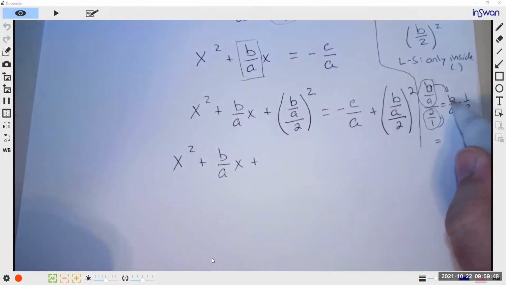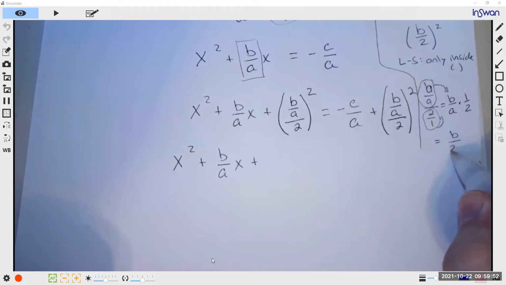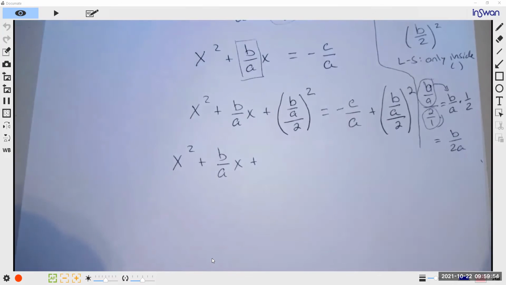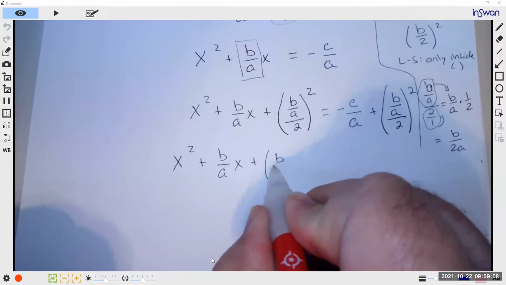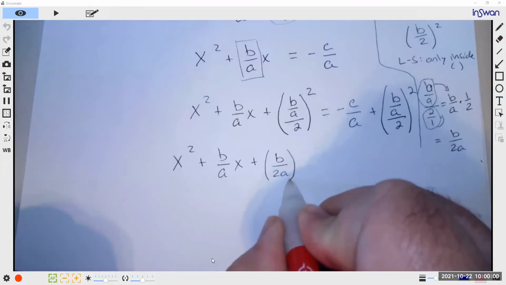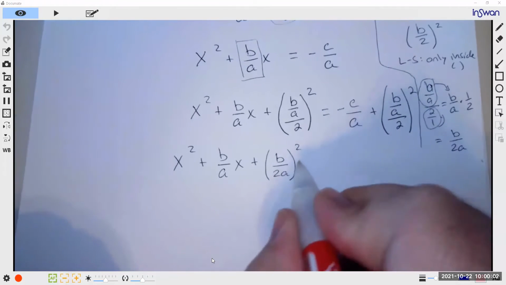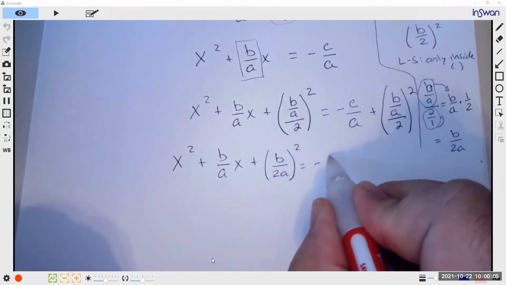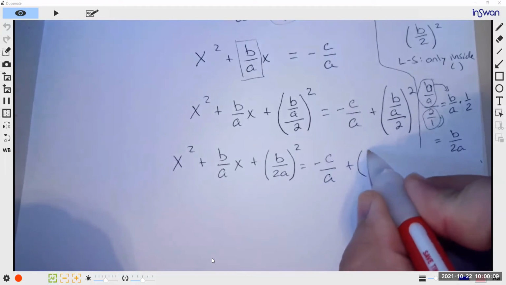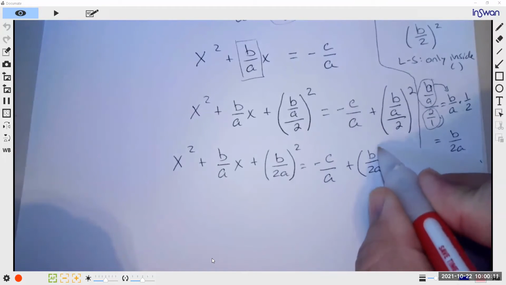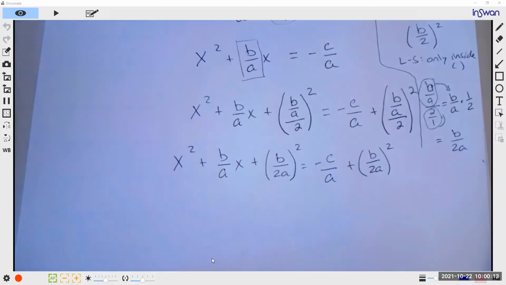Then multiply. B times 1 is b. A times 2 is 2a. So this becomes b over 2a squared. Negative c over a plus b over 2a squared.